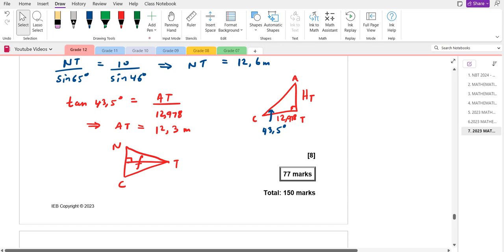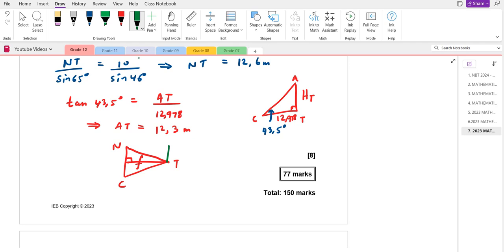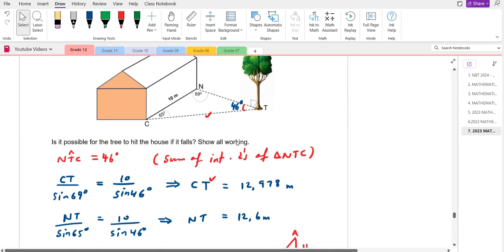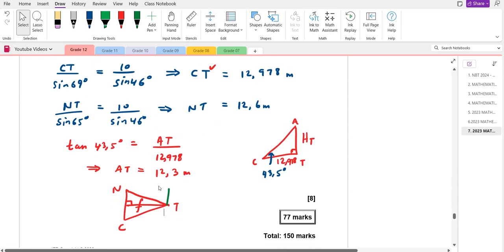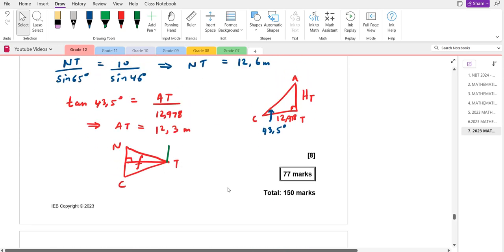The tree is here, so it falls straight down in this direction. So we know so far it won't hit the house because the height of the tree is 12,3 meters. If it falls in that direction, NT is 12,6, right? And this distance TC is almost 13 meters, so it's not going to hit so far. So now I want to calculate this in-between height, the perpendicular height there.